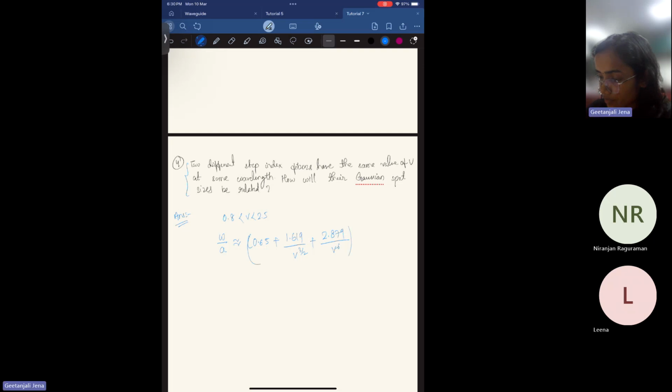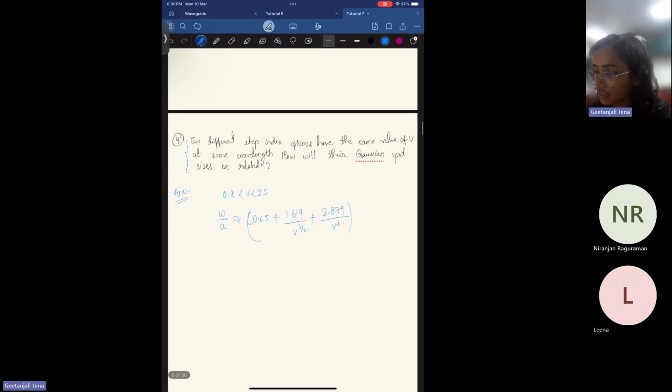This we already know, and it's given they have the same value of V. So that means this right hand side is equal for both the fibers.